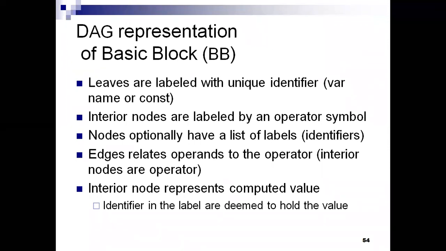Structure preserving transformation is a DAG based transformation, which means we are using DAGs. A DAG is constructed for the basic block, and then the above said transformations, the principal sources of optimization transformations, can be applied.